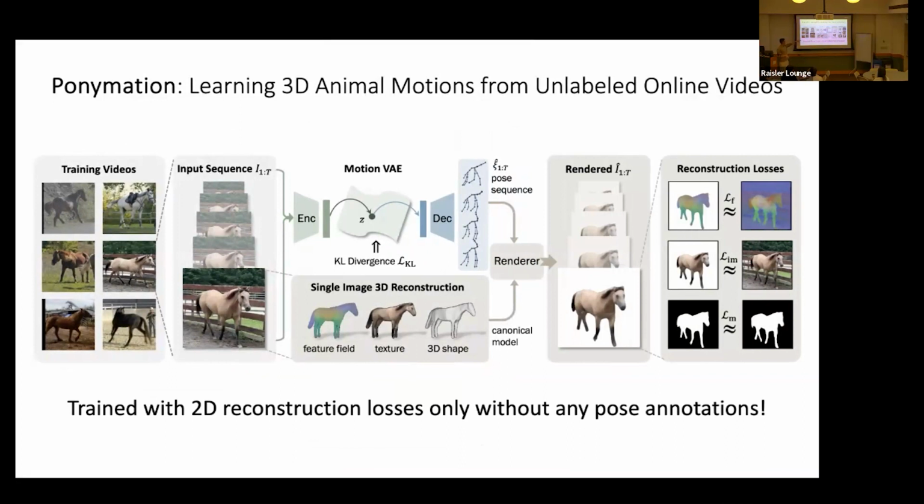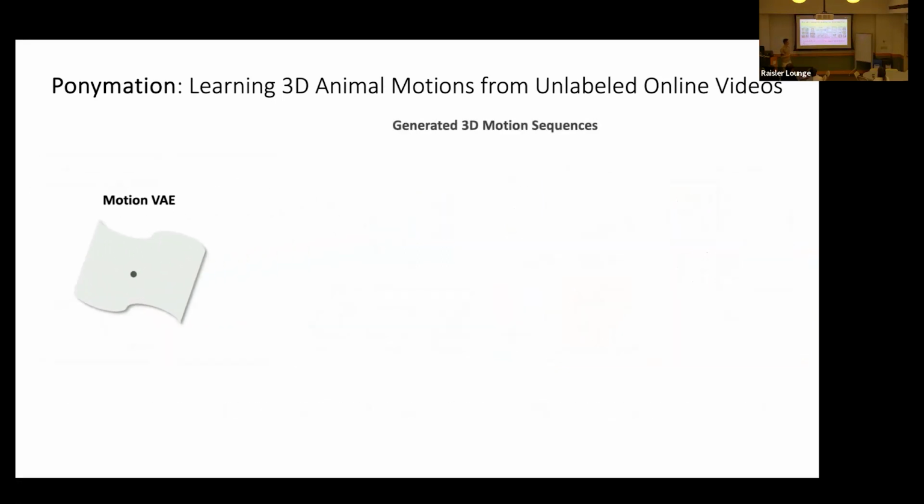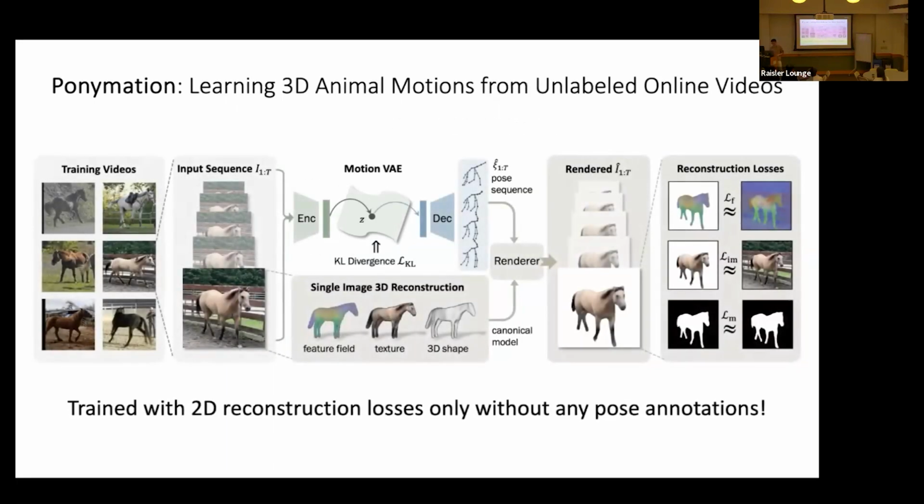When you apply these poses onto the 3D shape, you are able to generate the entire sequence of frames decoded from this motion latent VAE space. And we train the pipeline using the same framework, using only DINO features and image and mask without any pose annotations.